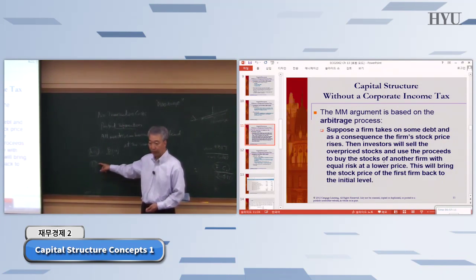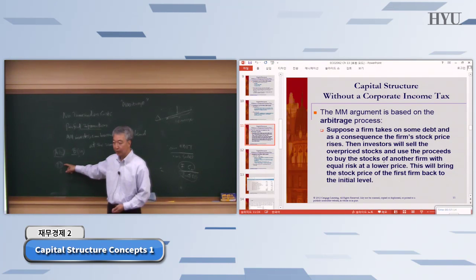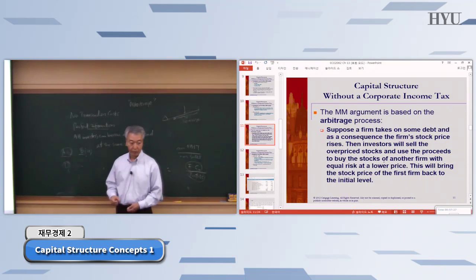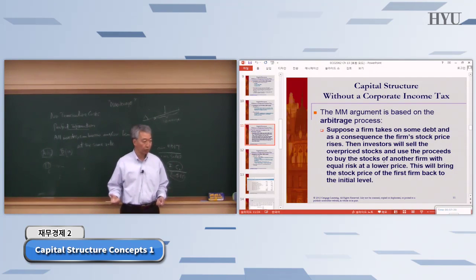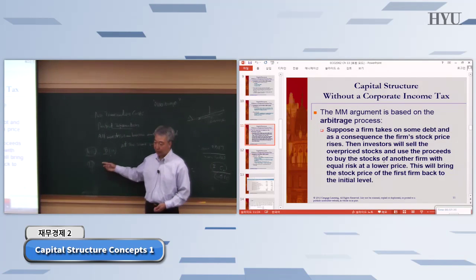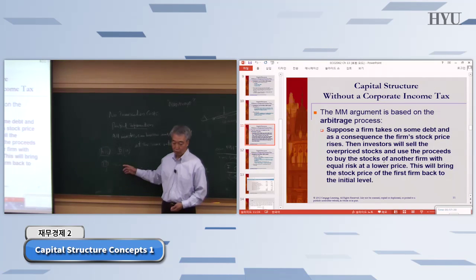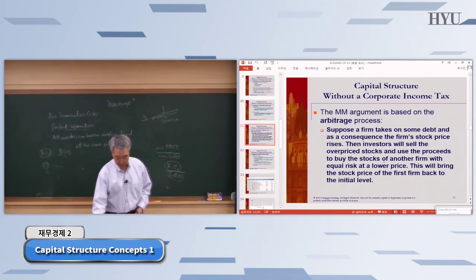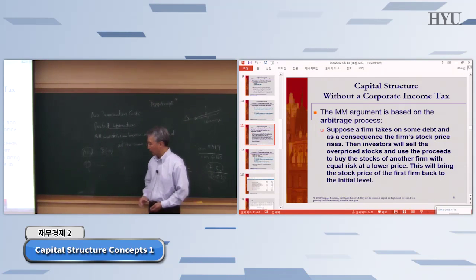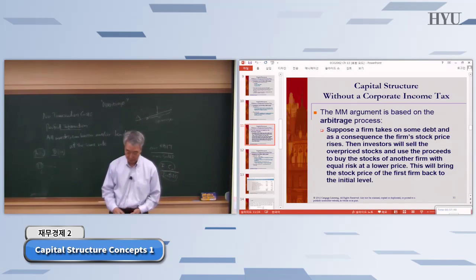The assumption is investors know that nothing substantial happened to company A. Just because they have taken on more debt, their stock price went up, so they think it is overpriced. So they're going to sell this overpriced stock and purchase the other stock instead, which will make the stock price of the first firm go back to the initial level, or the prices of both stocks equal.